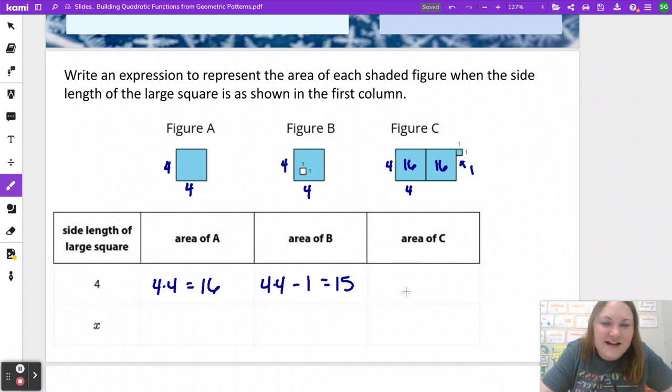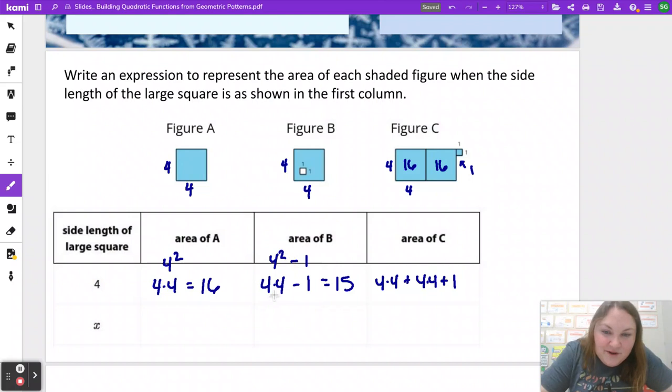So for the area of C, I could say I'm doing 4 times 4 plus another 4 times 4 plus my 1 there. And anytime I wrote 4 times 4, you can also write 4 squared. 4 squared would find the area of A, 4 squared minus 1 would find the area of B, and then 4 squared plus 4 squared plus 1 would find the area of C.